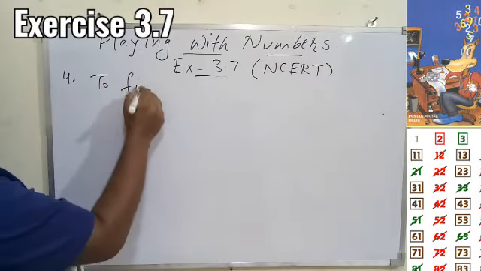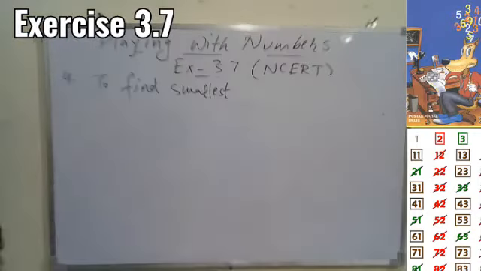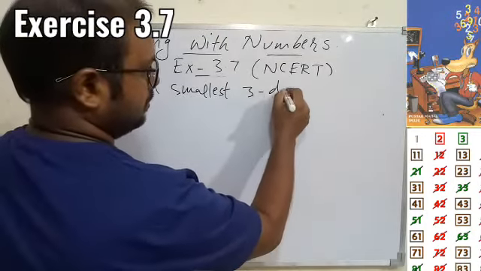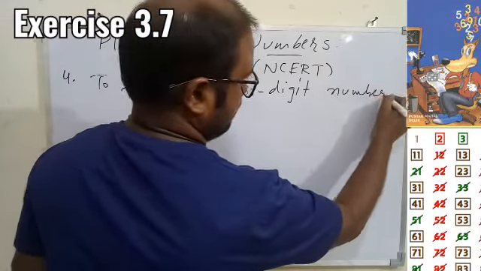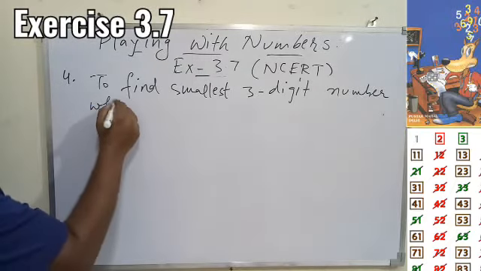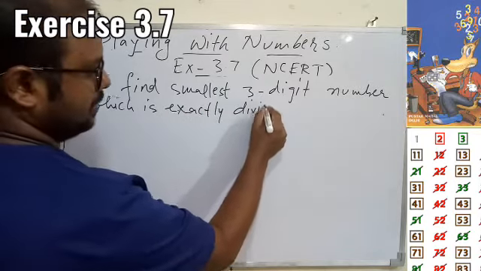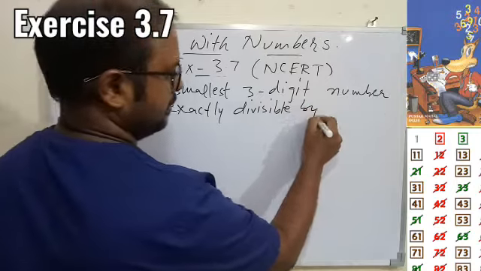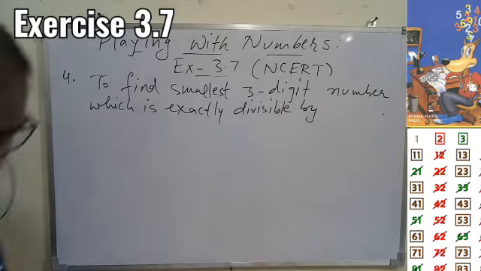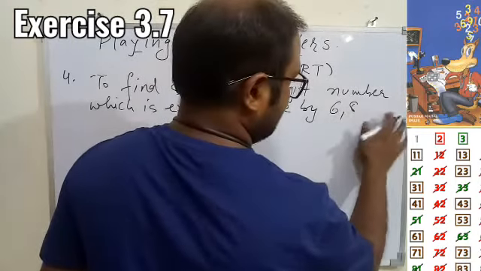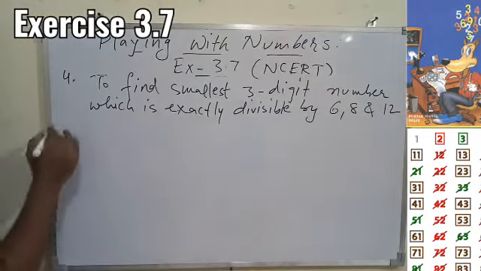So we have to find the smallest 3-digit number which is exactly divisible by what? 6, 8 and 12.